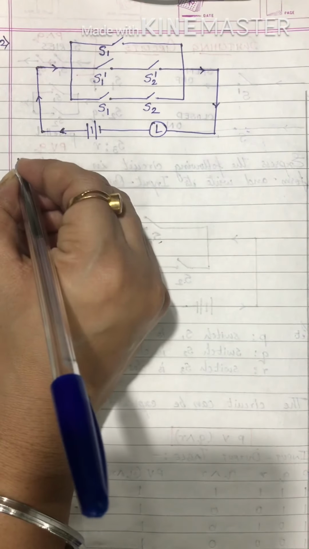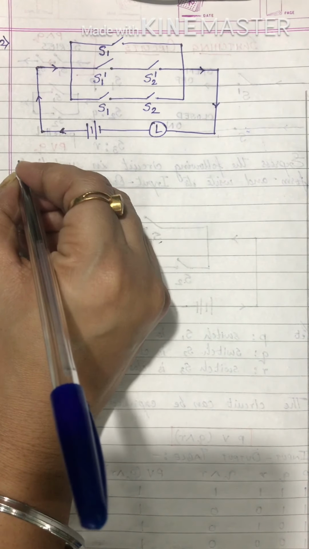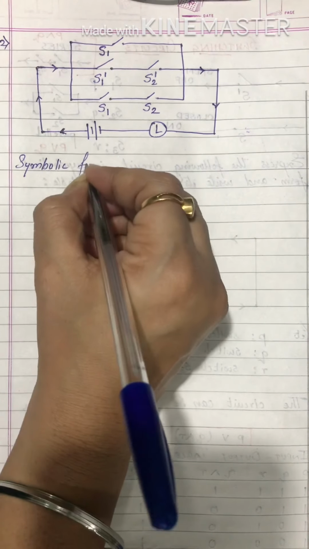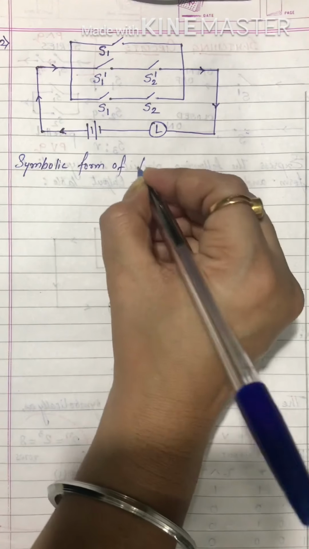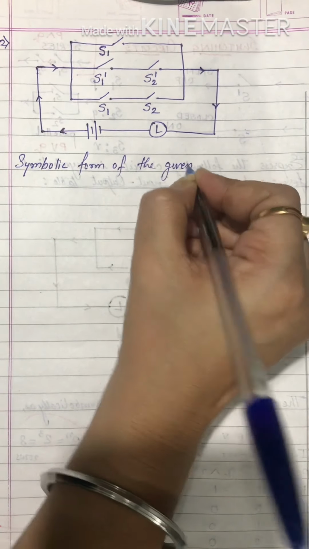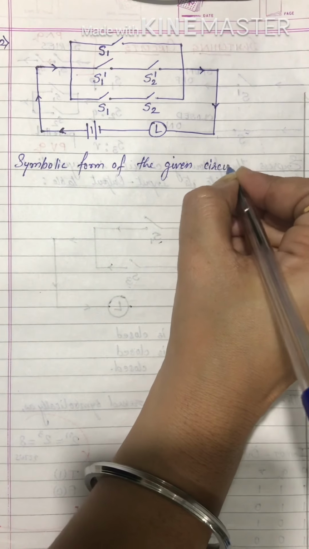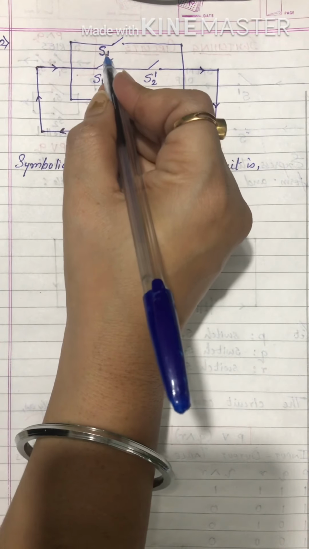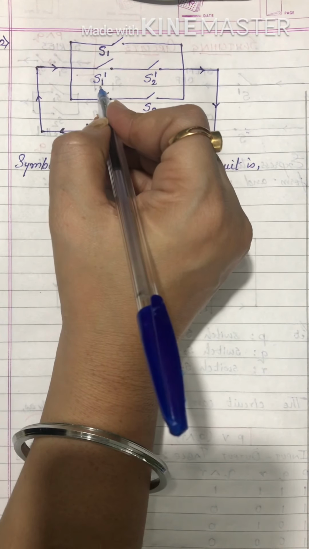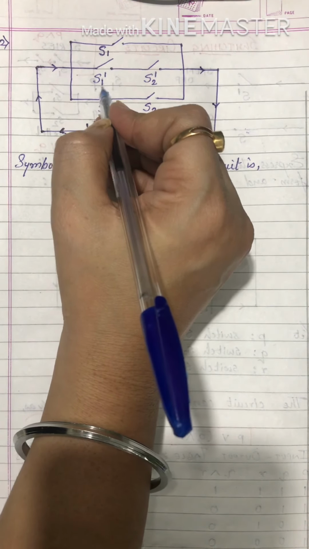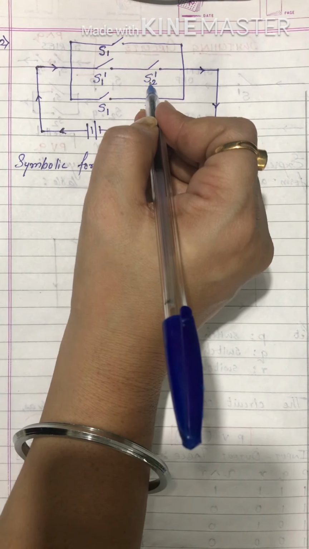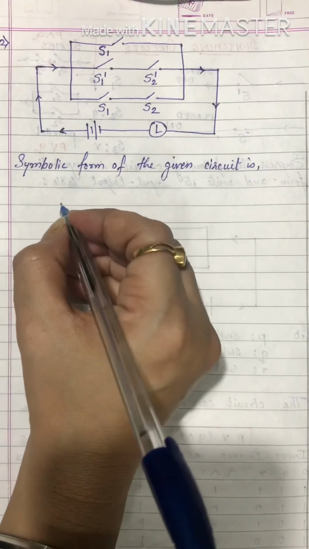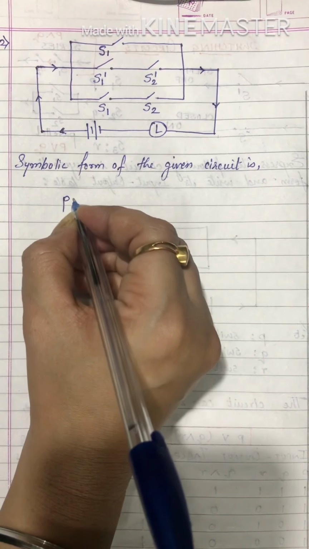So what do we write for the symbolic form of the given circuit? It is P or negation P and negation Q, or P and Q. I hope it is going easy for you now.